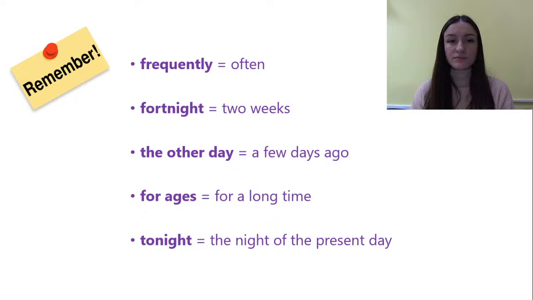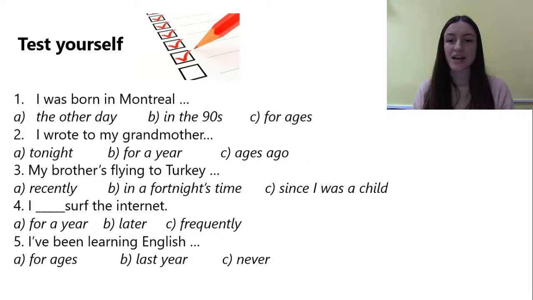Well done. Now I would like you to take a piece of paper and a pen or a pencil. Everyone, please take a piece of paper, a pen and a pencil. Ready? Let's have a quick test. Please test yourself. On a piece of paper, can you please write down number 1, 2, 3, 4, 5 and choose the correct option, A, B or C. So first, put it down on a piece of paper.